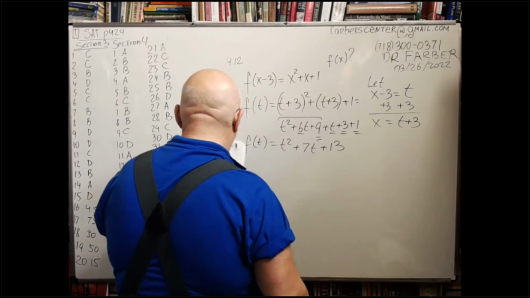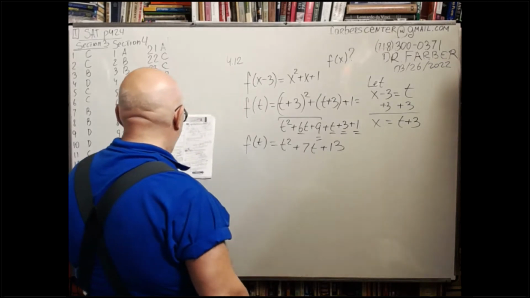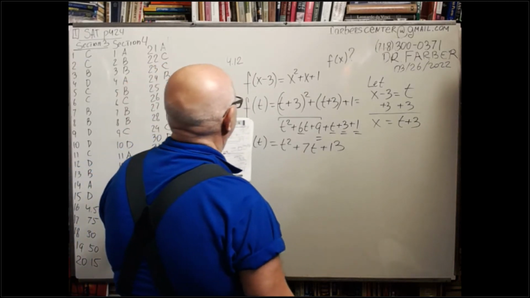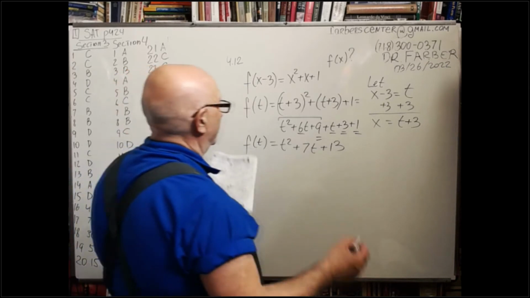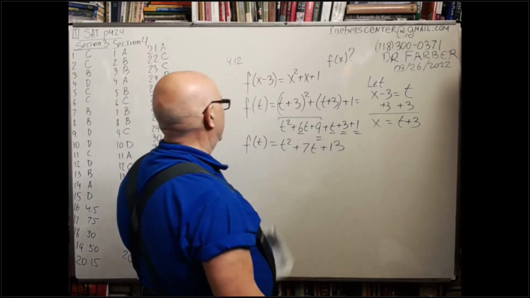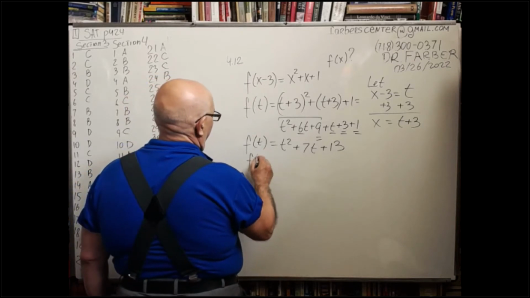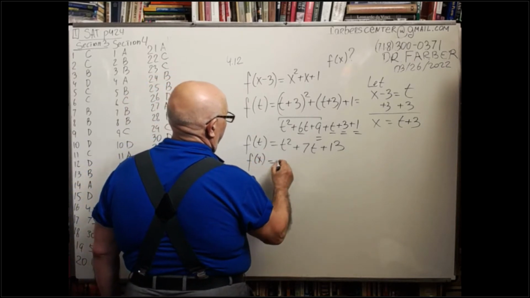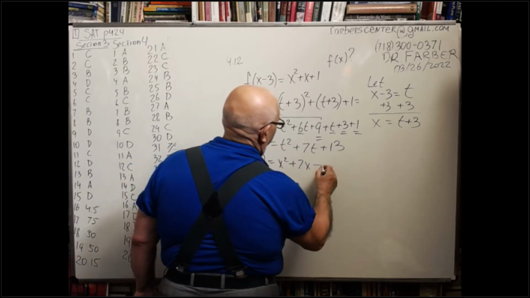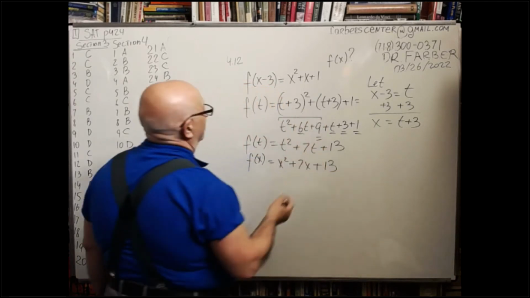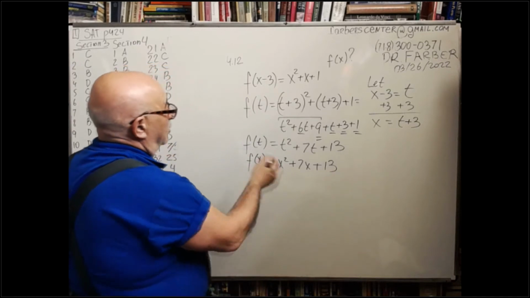Now, what do they ask you about? They don't even ask about this. We did extra work. We don't need this, because usually you can easily get f of x: just plug in x instead of t. x squared plus 7x plus 13. But this is even easier. You're not supposed to do this.